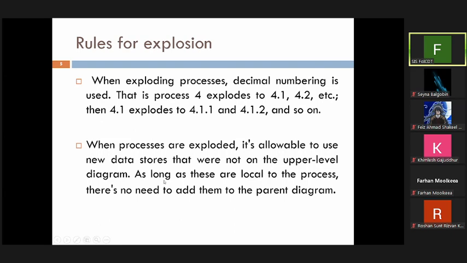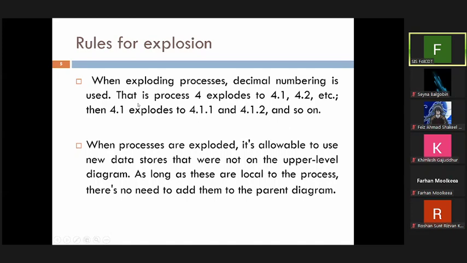Whenever we explode a process, it should be 4.1, 4.2, and we are doing that. Processes from the higher level DFD cannot be shown, and we've done that in the diagram. There's only the data input coming in. Data stores and entities can be shown, though they need not be, but I prefer to show them for clarity. So I'm showing it in the diagram.